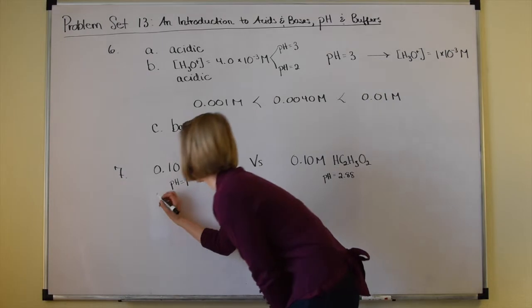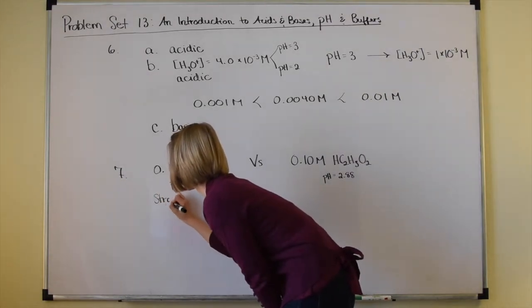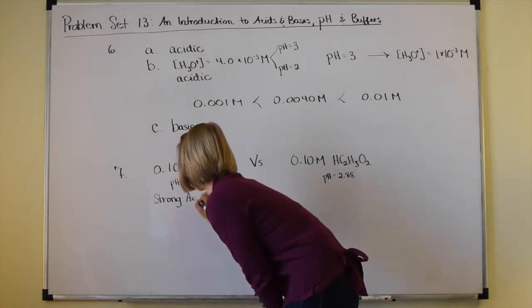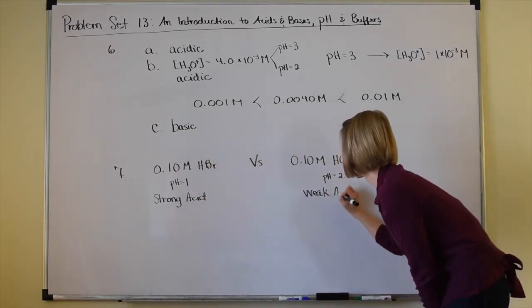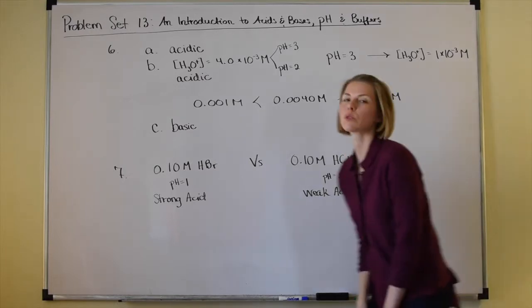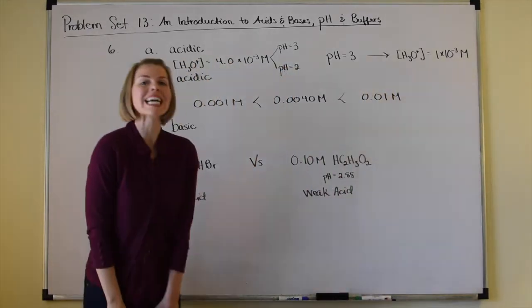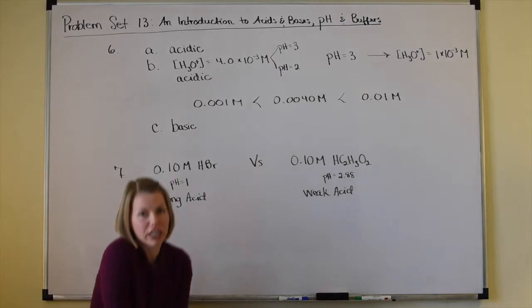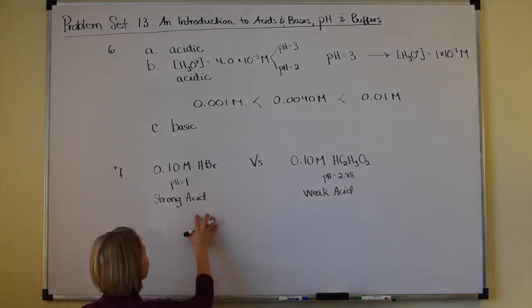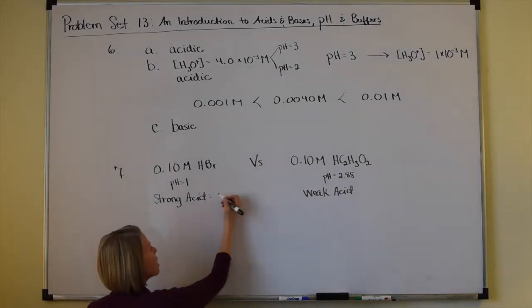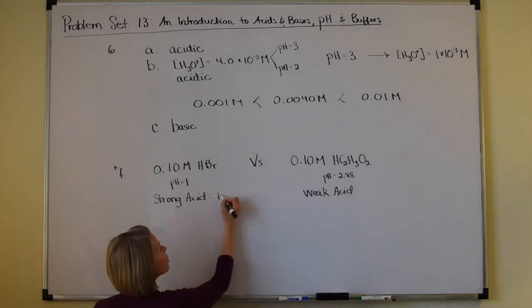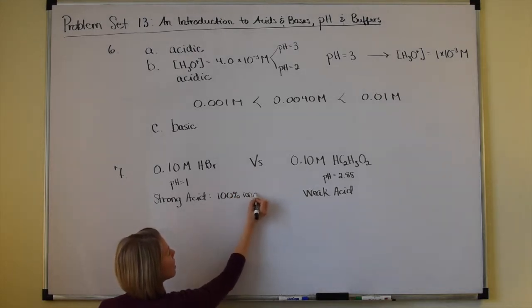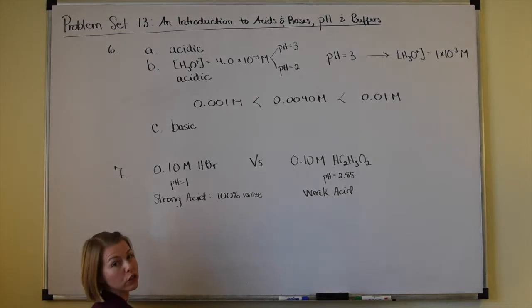Okay, so let's go ahead and write that. This is a strong acid, and this is a weak acid. But let's really analyze what that means in terms of the hydronium ion concentration. A strong acid is an acid that will give up its H plus easily and therefore 100% ionizes in an aqueous solution.